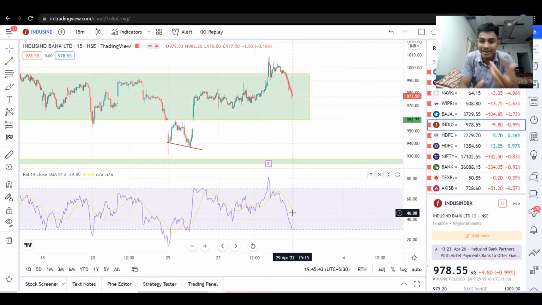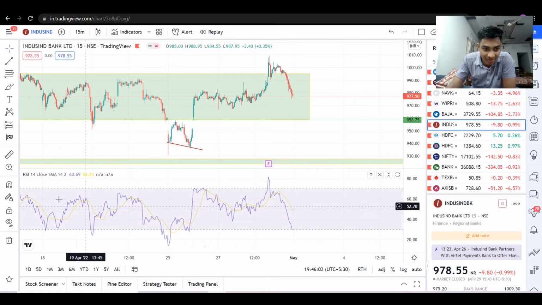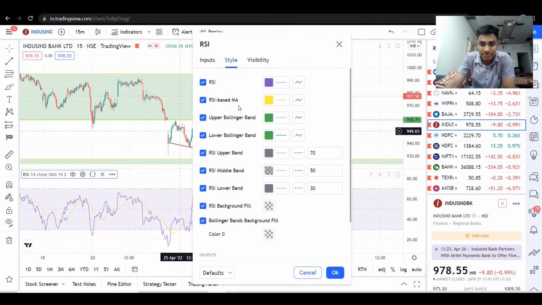Initially, whenever you open an indicator, the first thing you have to do is go to the settings and explore. There is a formula for the relative strength index which is of no use for us. We just have to learn what the indicator is telling us and what data we will be extracting from it.